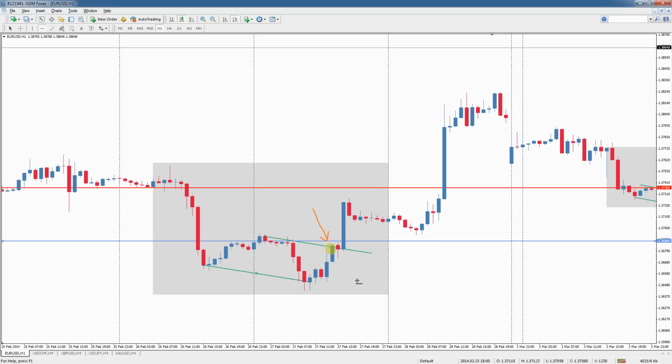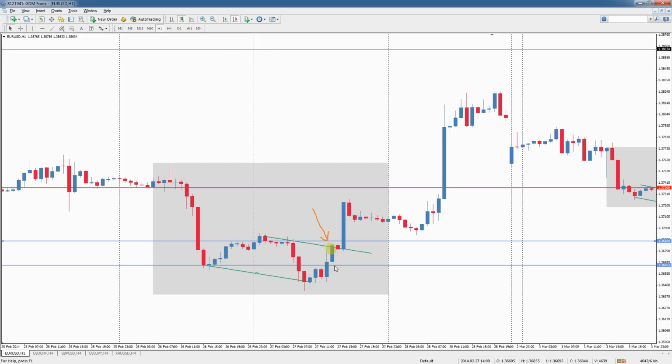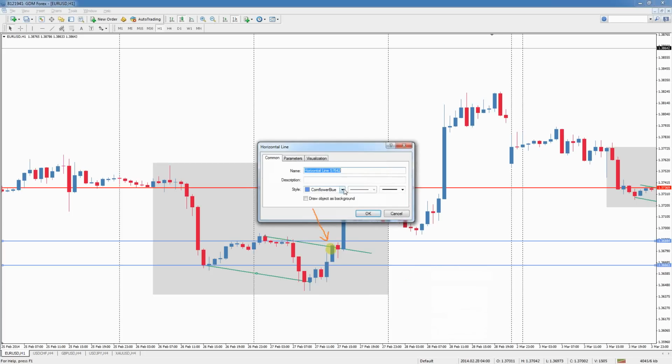More aggressive traders would sometimes put their stop losses 5-10 pips below the lowest extreme of the signal candle if they're using the confirmed breach rule. So in this case, somewhere down here, and let me make this line red again.